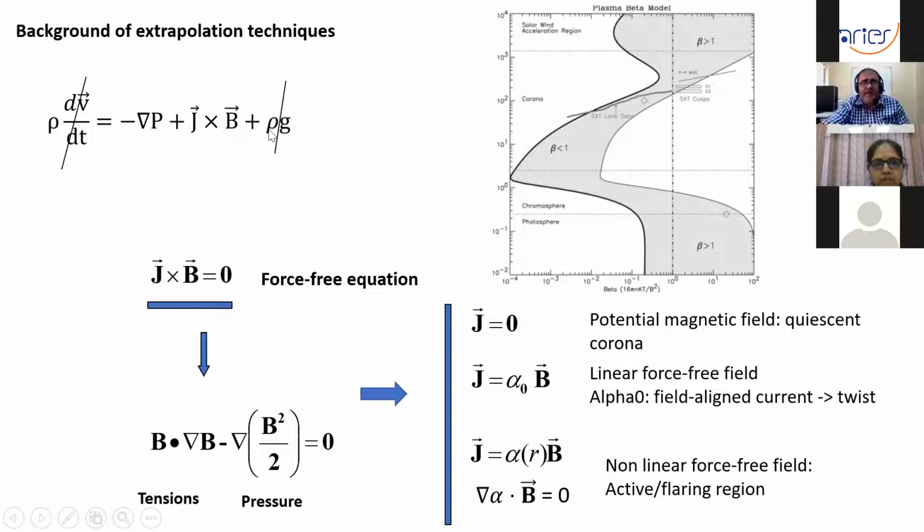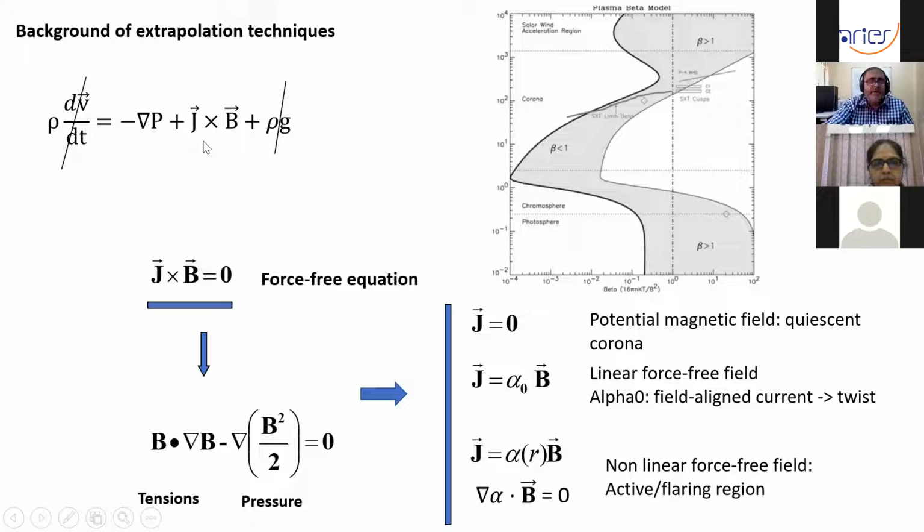Now, at the coronal height, the rho G does not matter much. One can show that. So the amplitude is very small, and the only two possible dominant players can be either the kinetic pressure or the Lorentz force.